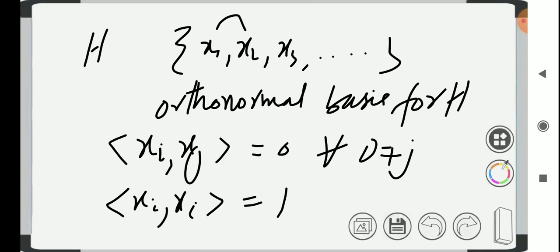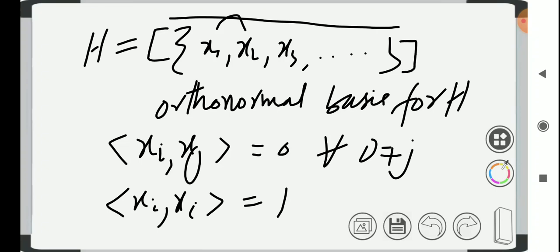This is the orthonormal basis, and also its span should be dense in H, that is, if we take the span of this basis and its closure, it should be equal to the Hilbert space H.